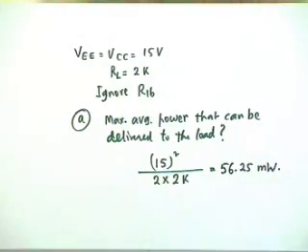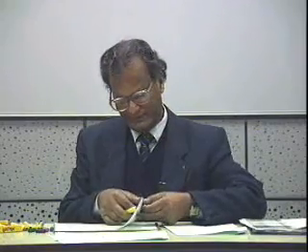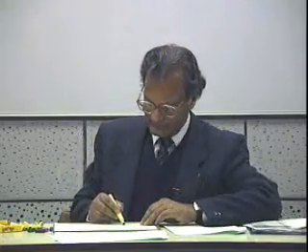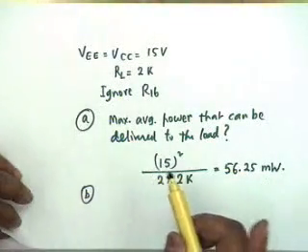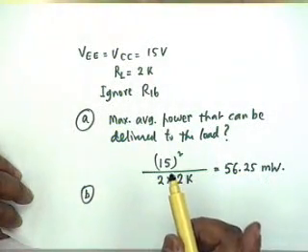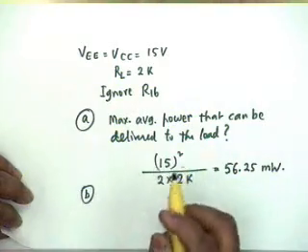Part B. At this power level, that is 56.25 milliwatt, what is the power required to be delivered by the power supply? How much power is required to be delivered by the power supply? That is, how much is PDC?